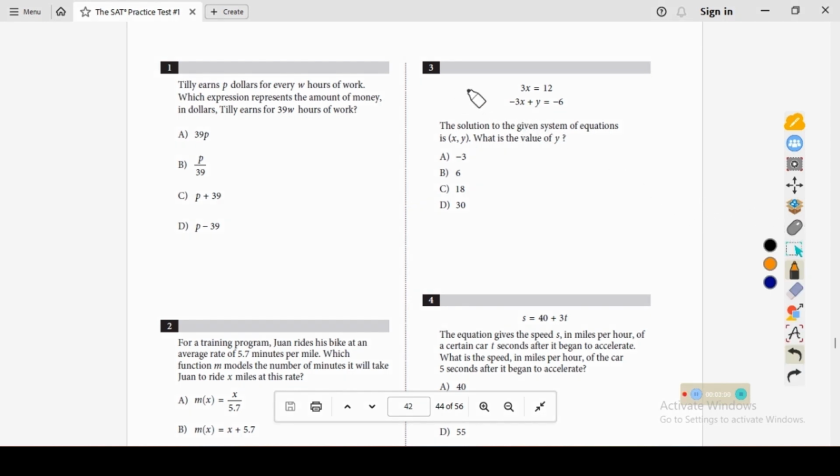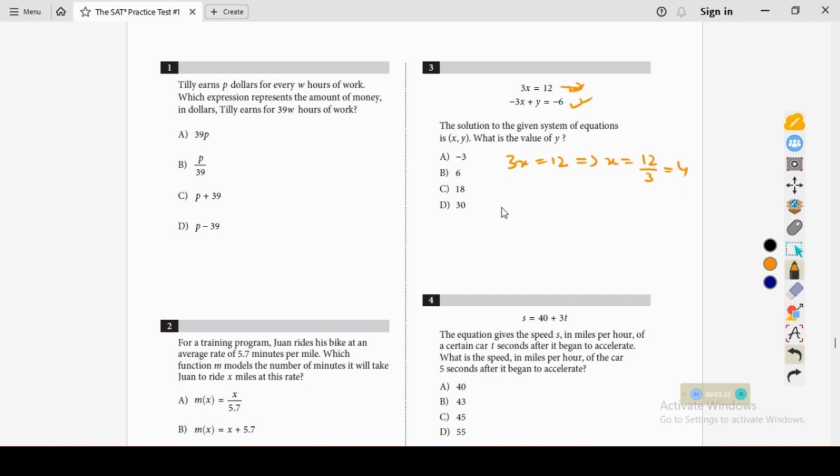Okay, in question number 3, we have two equations. The solution of the given system of equations is (x, y). What is the value of y? Just find the value of x from the first equation. As 3x equals 12, it gives x equals 12 by 3, which equals 4. Now substitute the value of x in equation 2.